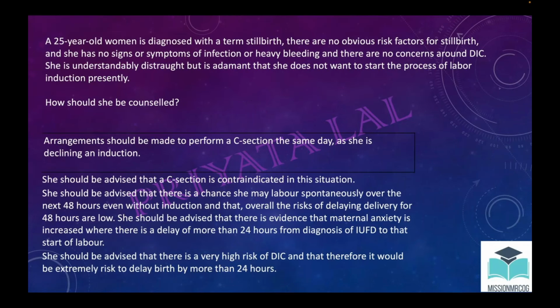Now the patient is diagnosed with stillbirth. She shows no symptoms of infection, no heavy bleed, no concern about DIC. She is adamant that she doesn't want to start labor right now. What to be done?